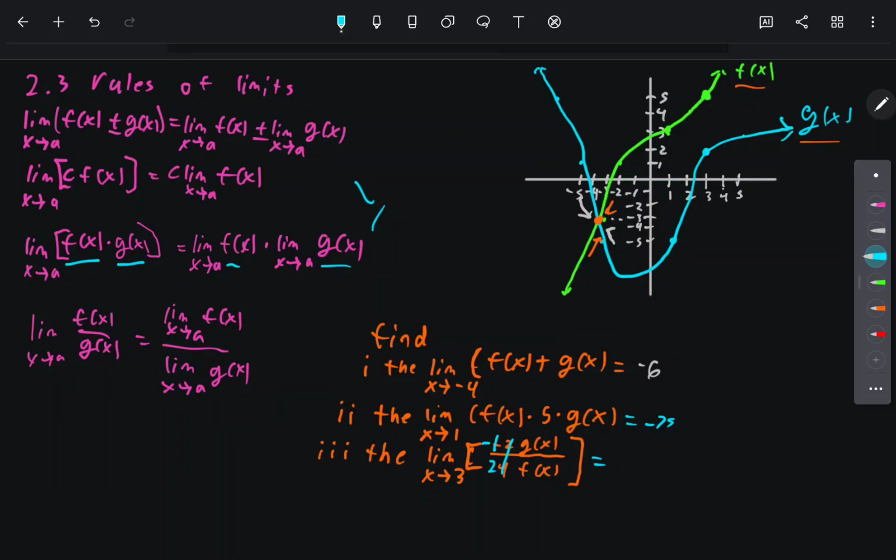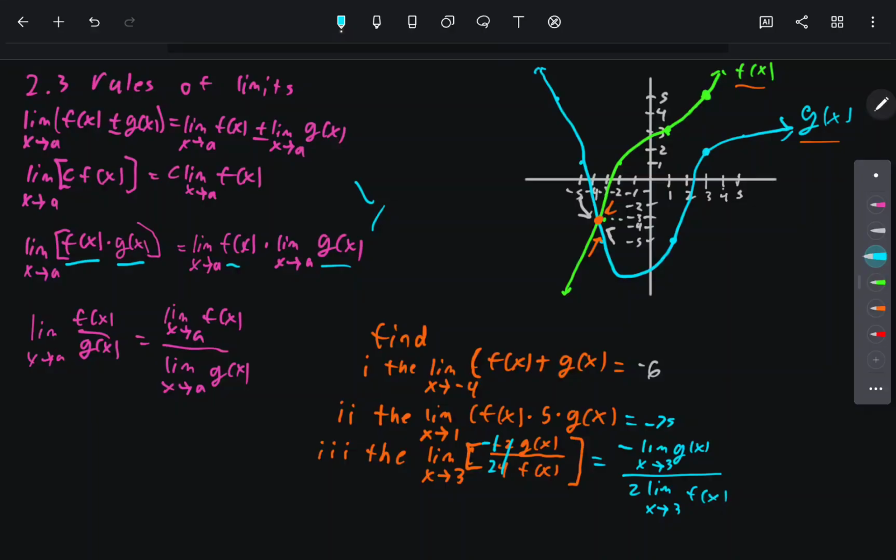So we're just going to call this negative limit of g of x as x approaches 3 over 2 times the limit as x approaches 3 of f of x.